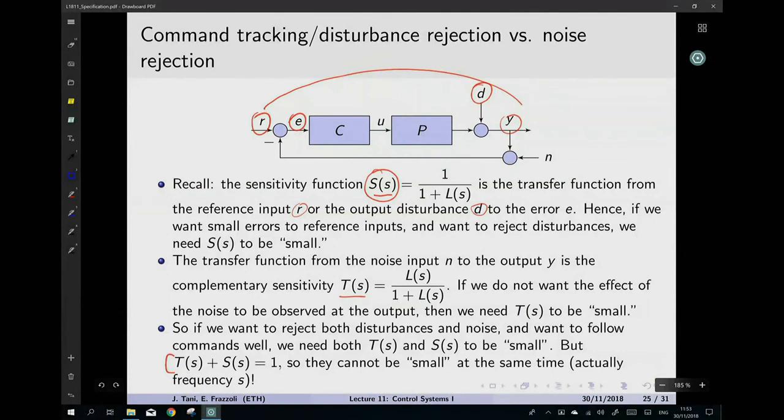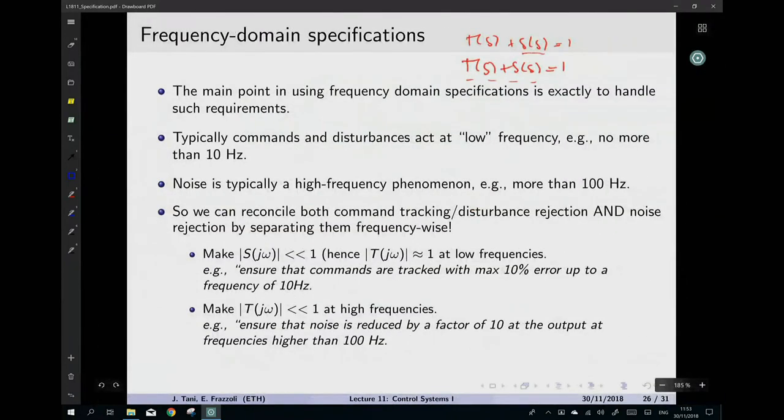So if we want disturbance rejection, it means we want the transfer function from the disturbance to E to be very small. So if we want S to be very small, it means the magnitude of S has to be much smaller than 1, okay? Since there is this constraint, if S is much smaller than 1, it means that T has to be around 1 at low frequencies, okay?